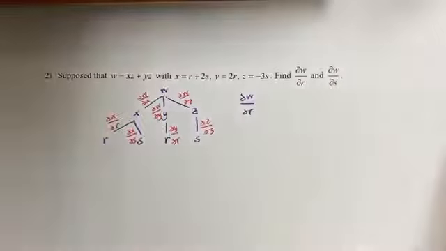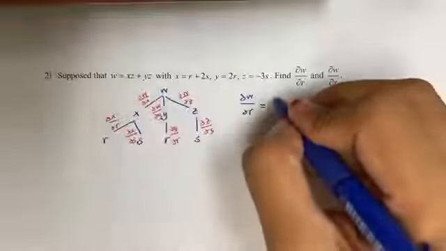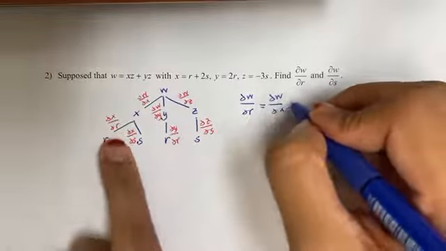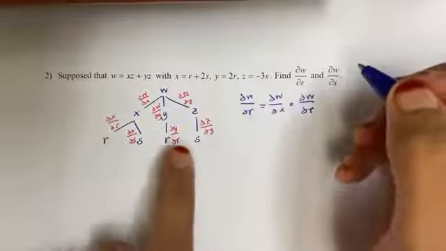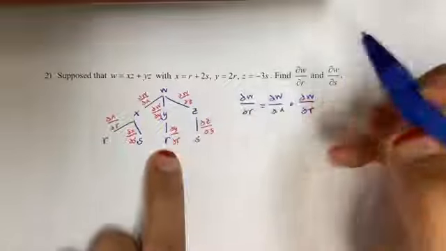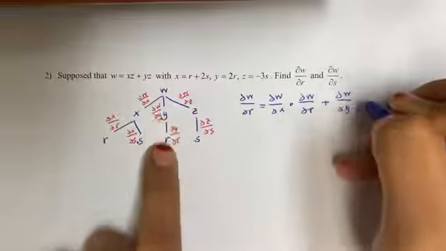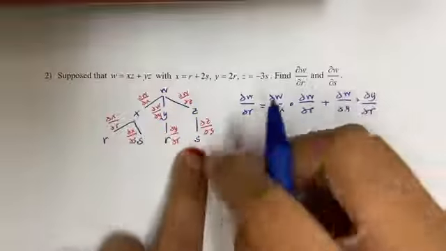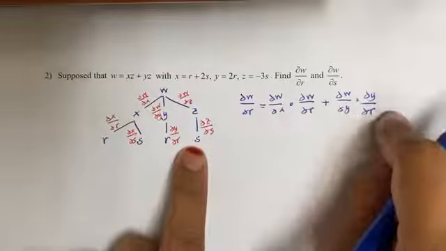So del w over del r: you have del w over del x multiplied by del x over del r, plus del w over del y multiplied by del y over del r. Do you have r here in z? No, right? So you just have these two combinations.